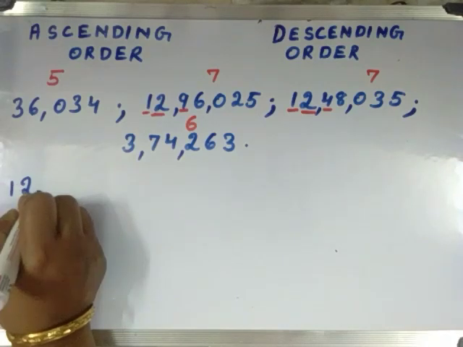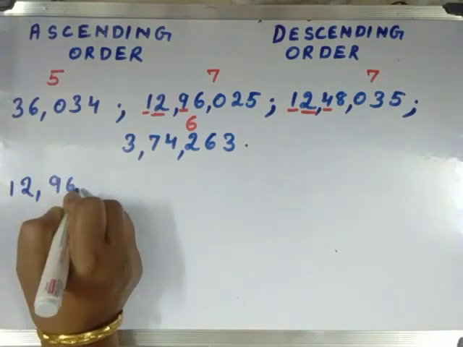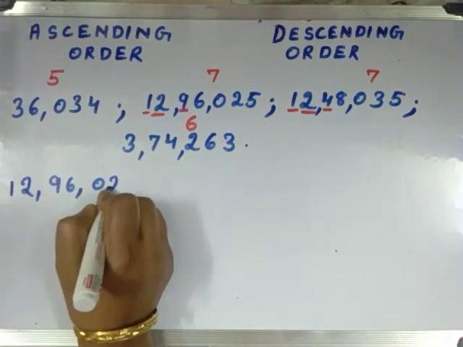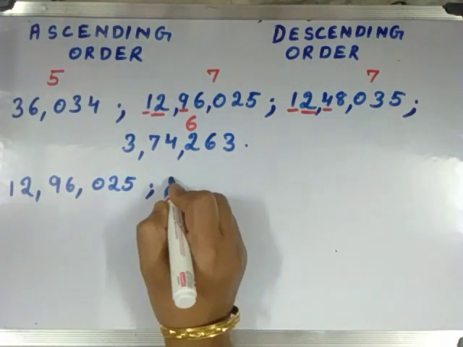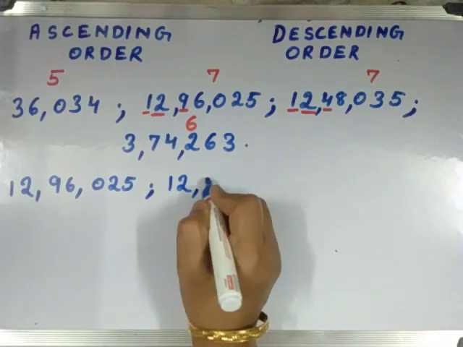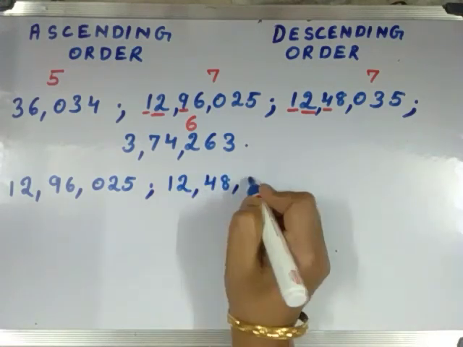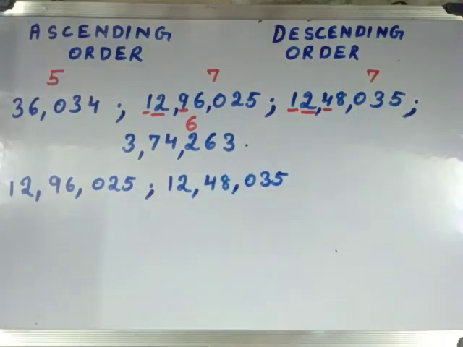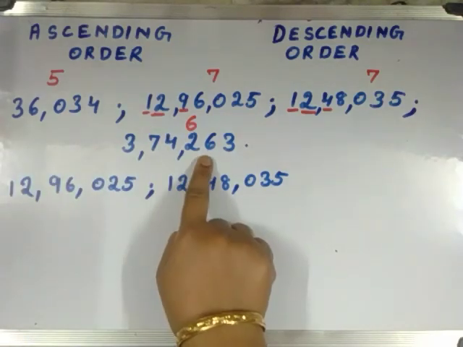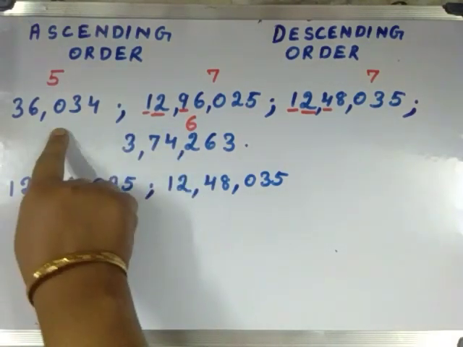12 lakh 96,025. So this is first. Next we have 12 lakh 48,035. So we have done with the 7 digit number. Which is the next greater number? We have 5 digit number, we have 6 digit number. Which is greater, 5 or 6?